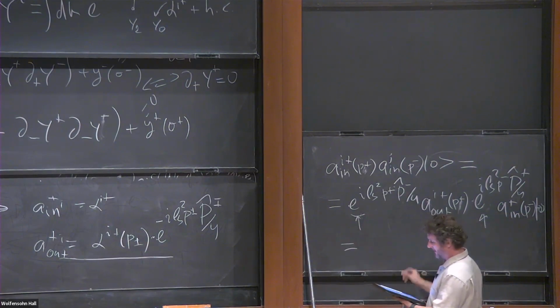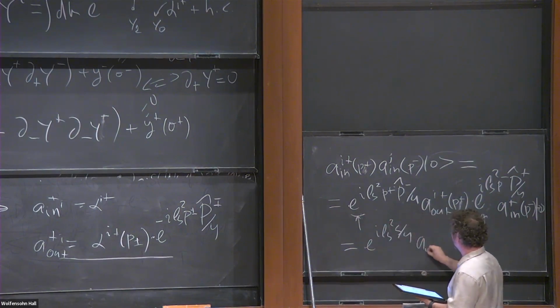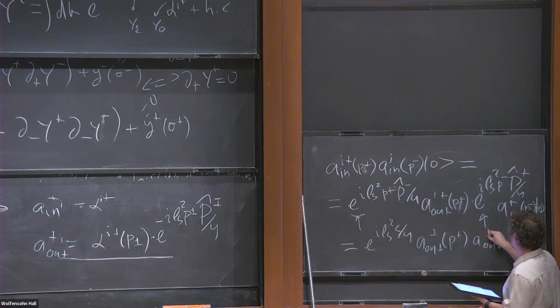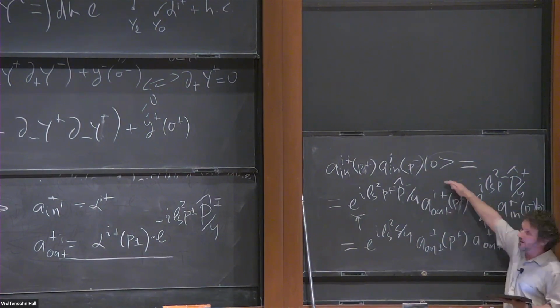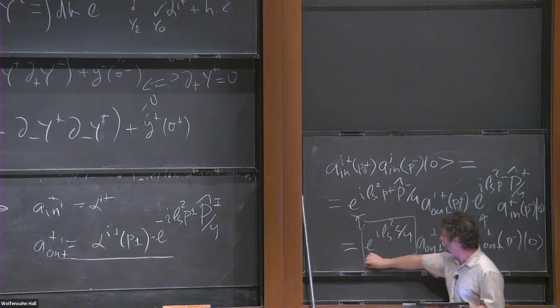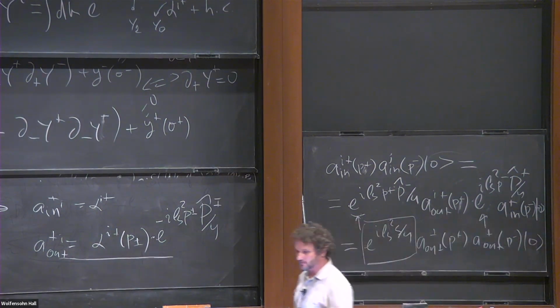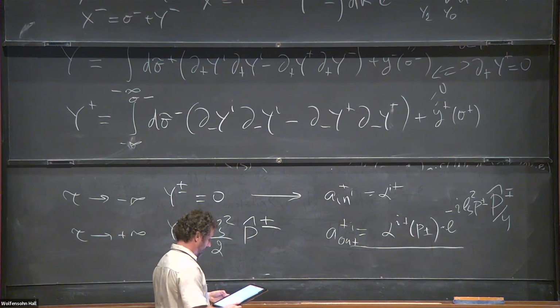What's written in this line then becomes e to the i l squared s over 4 a out plus of p plus a out plus of p minus. This relation between the out state and the in state, by the definition of the S matrix, tells us that this is the correct S matrix which one gets in the Polyakov formalism. So that proves that in D equal to 26, the S matrix which we fixed by the previous argument is indeed the correct S matrix.